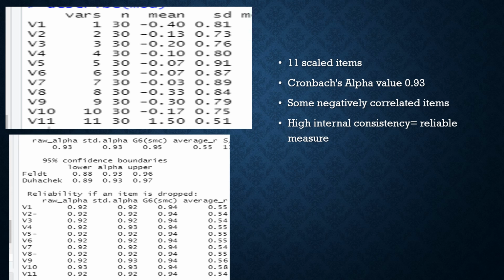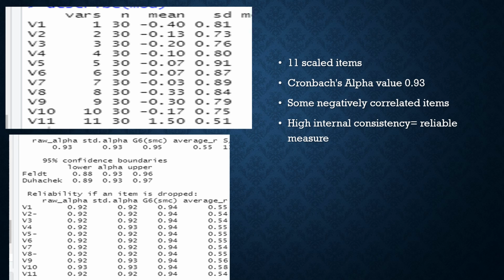In order to check the reliability of our measure, we decided to conduct a Cronbach's alpha, which basically looks at the internal consistency between our items. We had a value of 0.93, which is considered high by standards.